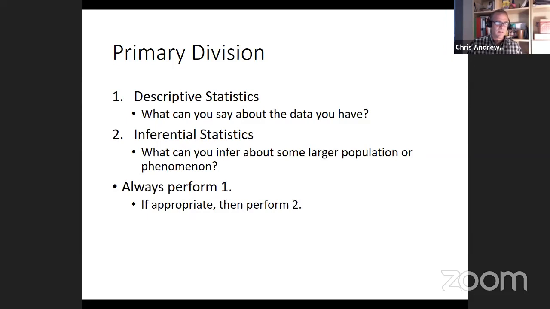Much of statistics can be broken down into descriptive statistics, which is saying something about the sample of data that you have. And we talked a fair bit about that last time, making tables and graphs, just summarizing the cases in hand. But usually you want to use those data to say something about a larger group.